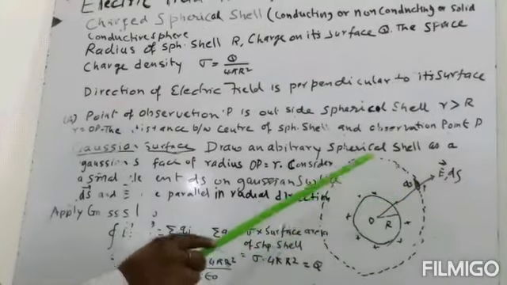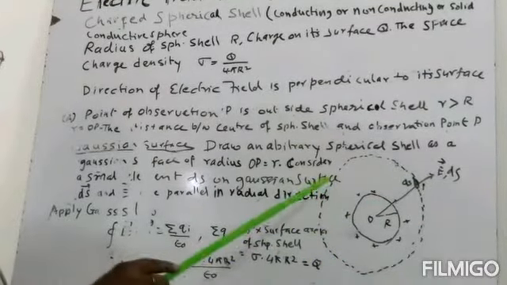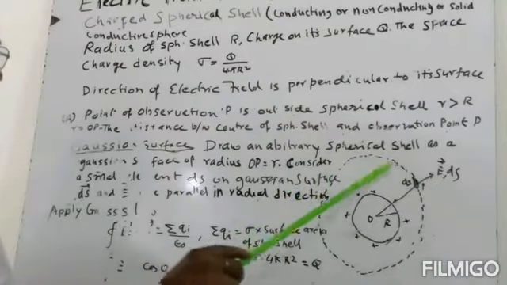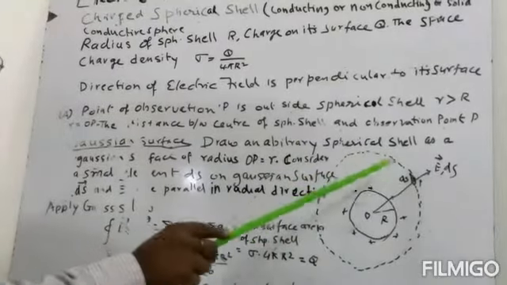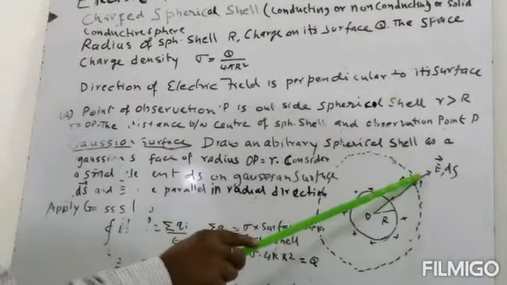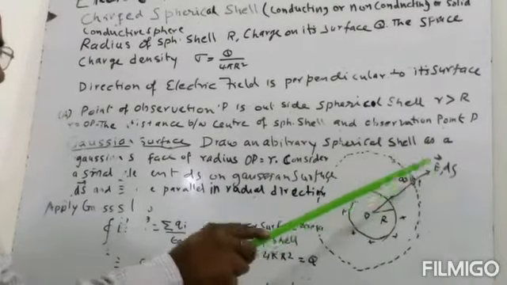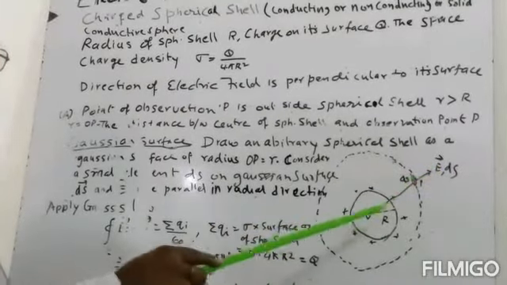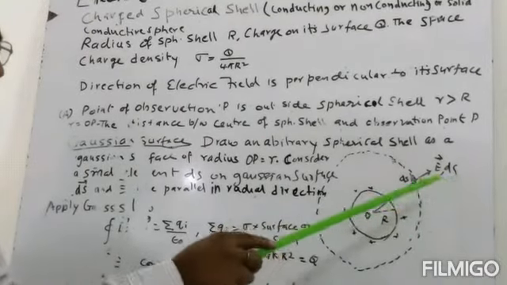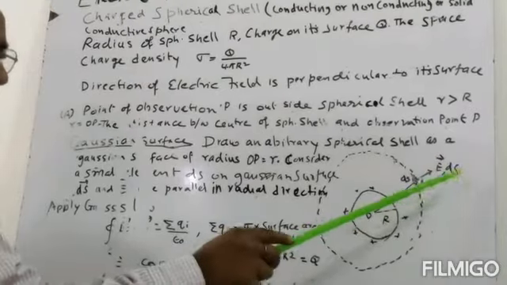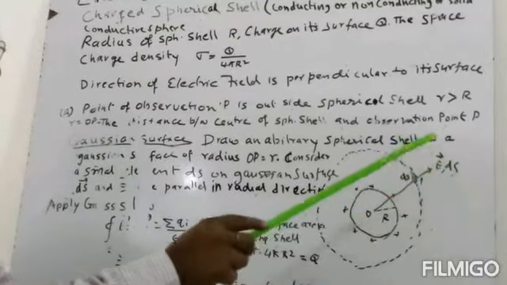To find it, we select a Gaussian surface, a sphere of radius small r. Now we consider a small area ds on this Gaussian surface. The direction of the electrical field at point P will be along OP, that is radial. The direction of the area vector ds will also be the same. So E and ds are parallel, and the angle between E and ds is 0.